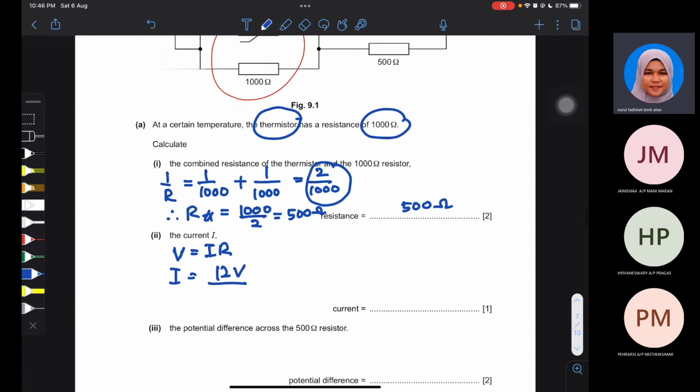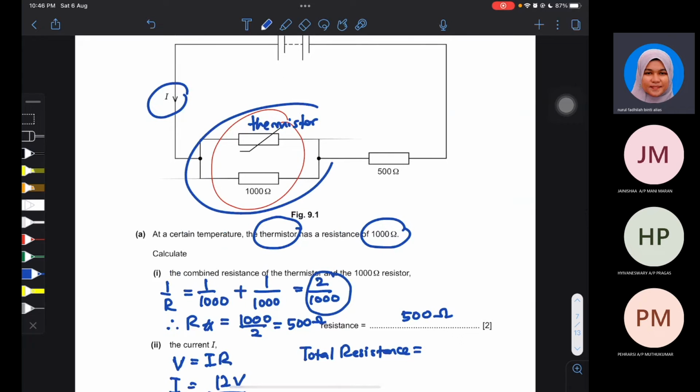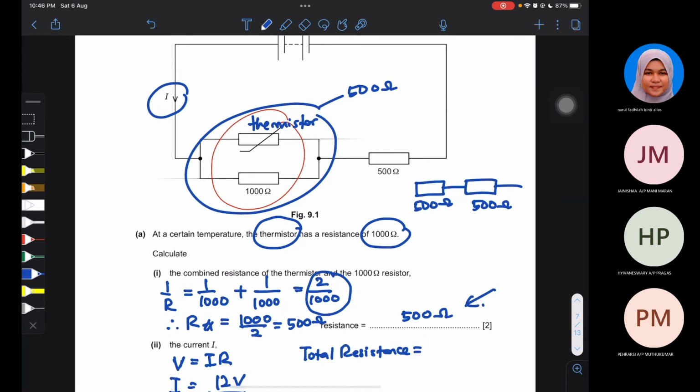Jadi kita kena cari dulu total resistance. Total resistance sekarang ni kita dah gabungkan. Jadi seolah-olah yang ni gabungan dia jadi berapa tadi? Gabungan ni jadi 500 ohms kan? Yang ni. So seolah sekarang kita ada 500 ohms gabungan plus dengan 500 ohms. Ni. Yang ni gabung becomes this one.